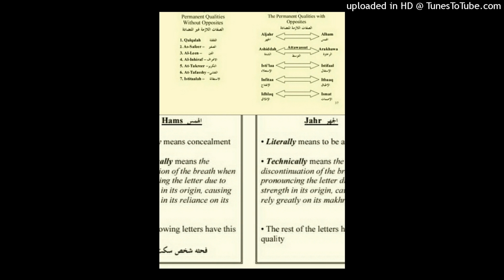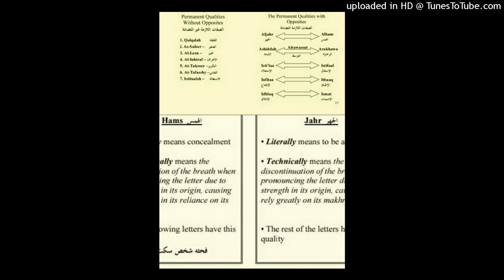To whisper, or to do the hems, means that you continue producing the breath when you pronounce the letter, and this is due to the weakness of this letter. With this hems, we are adding the air; we are not preventing the air to come out, but we are letting the air come out with this letter.